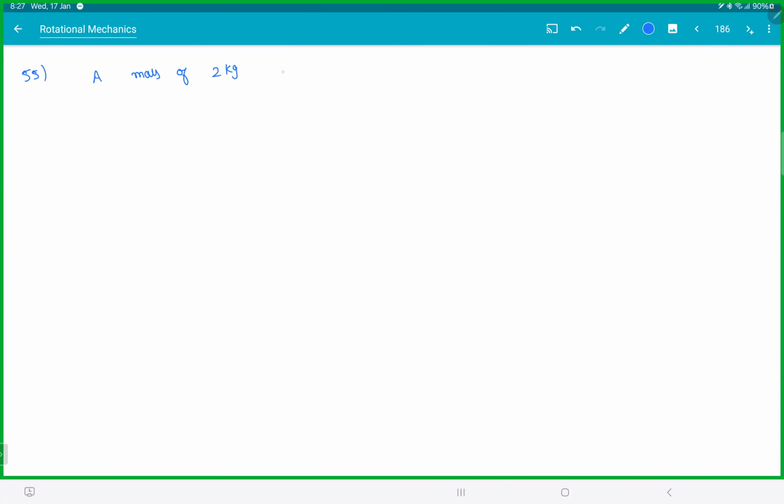Mass of 2 kgs moves with velocity v bar 3i 4j minus 5k at 1, 2, 3. Find angular momentum about minus 2, 1, minus 1. So minus 2, 1, minus 1 is the axis. The particle is at this point and this is the velocity.